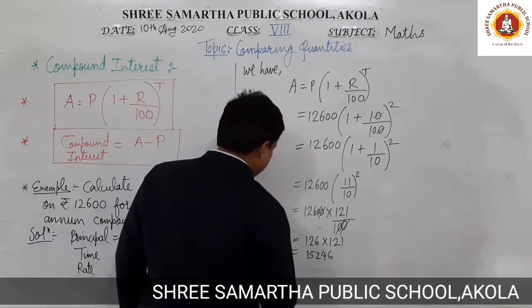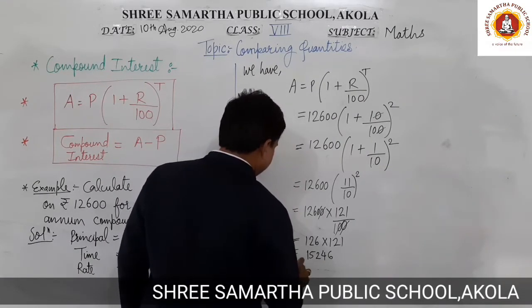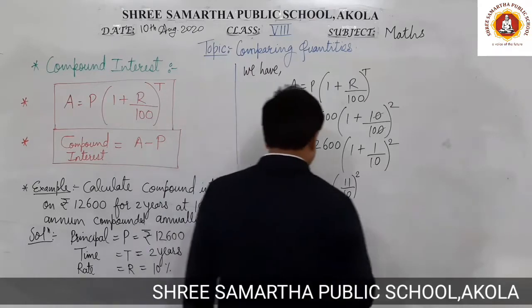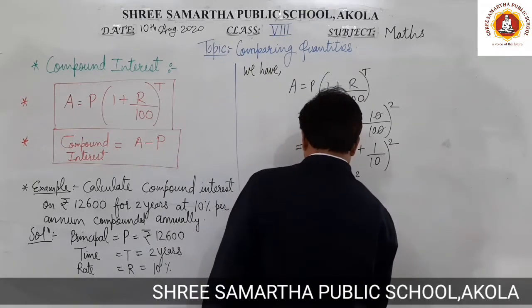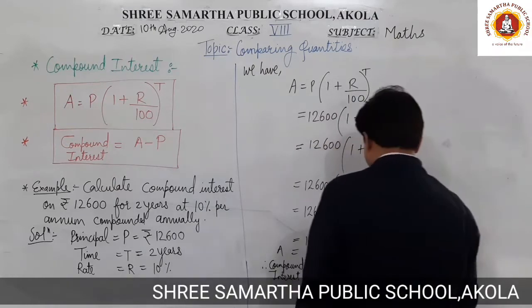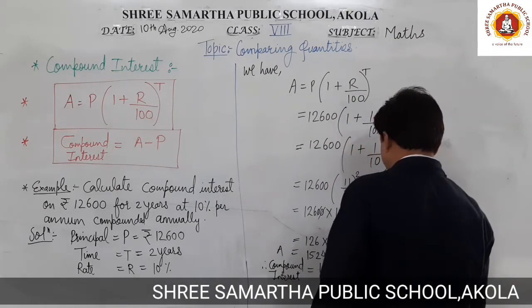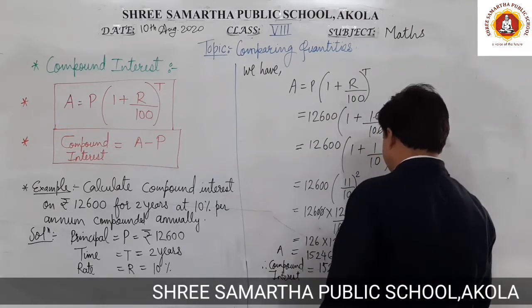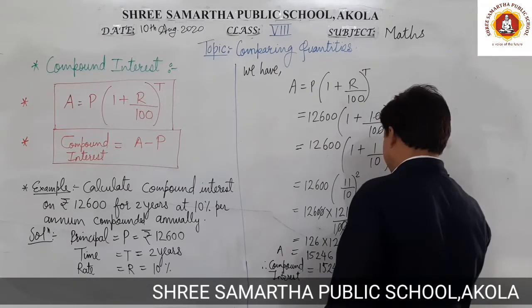Therefore compound interest is equal to 15,246 minus 12,600. So here we will get 46 as it is. Now 12 minus 6, we will get 6. 4 minus 2 means 2.